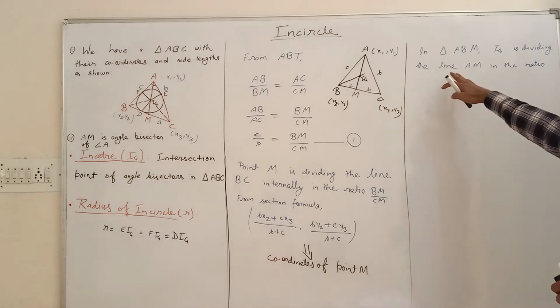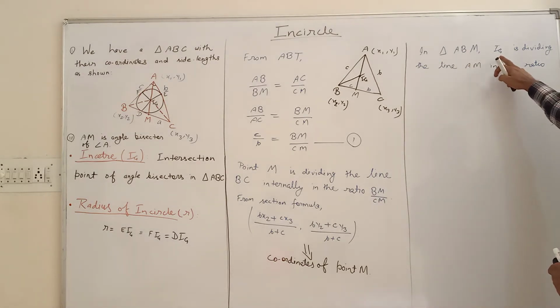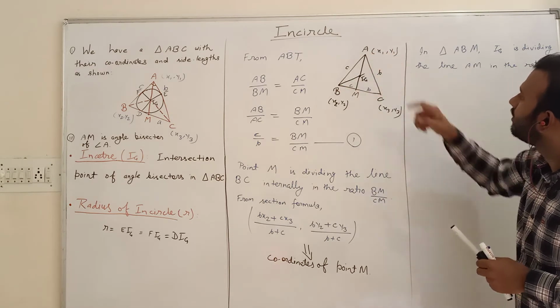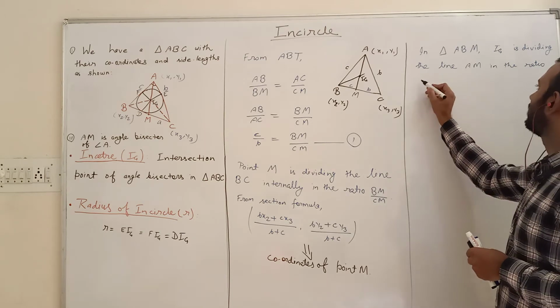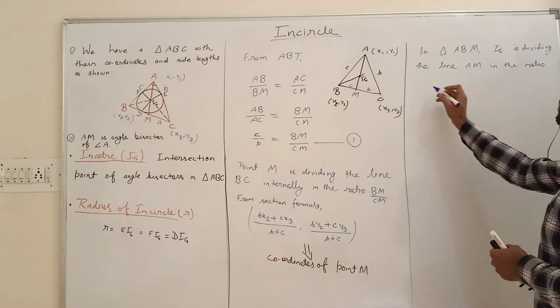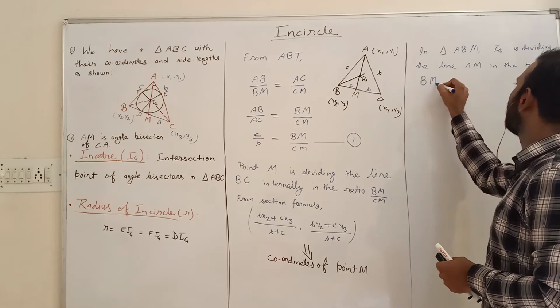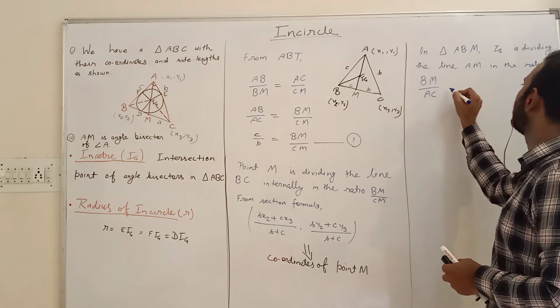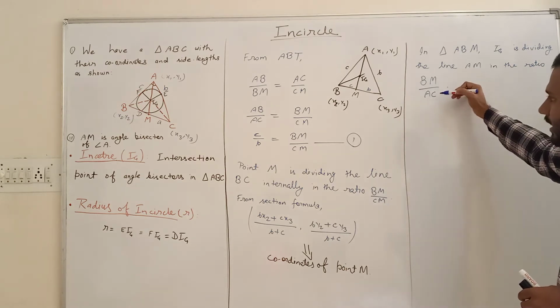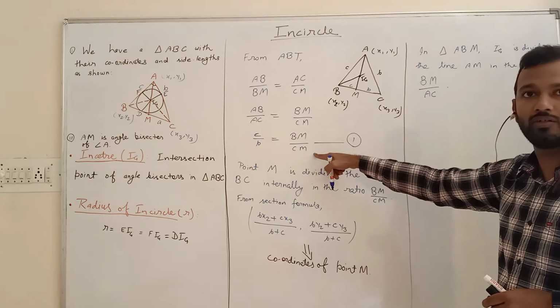So here in triangle ABM, IC is dividing the line AM in the ratio BM upon AC. Okay. Now, what is BM and what is AC? We can find from here.